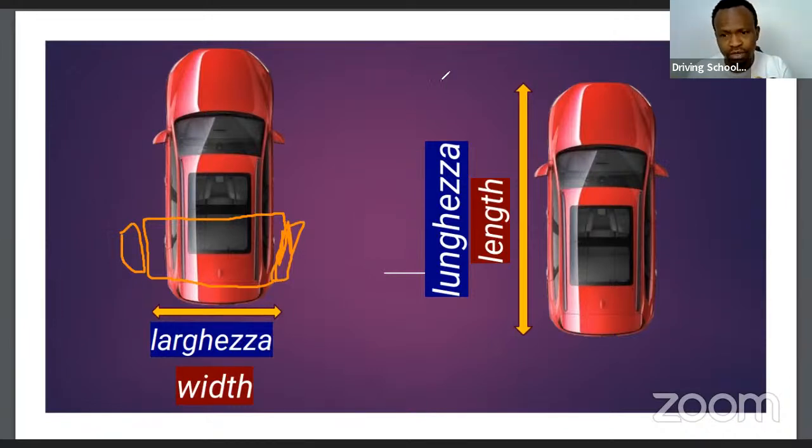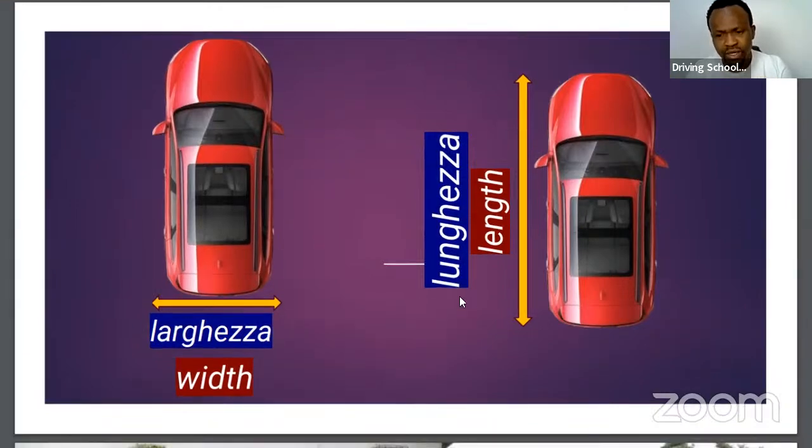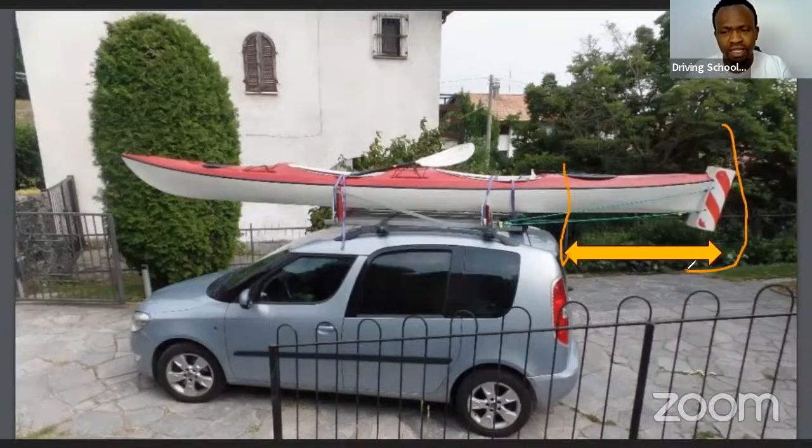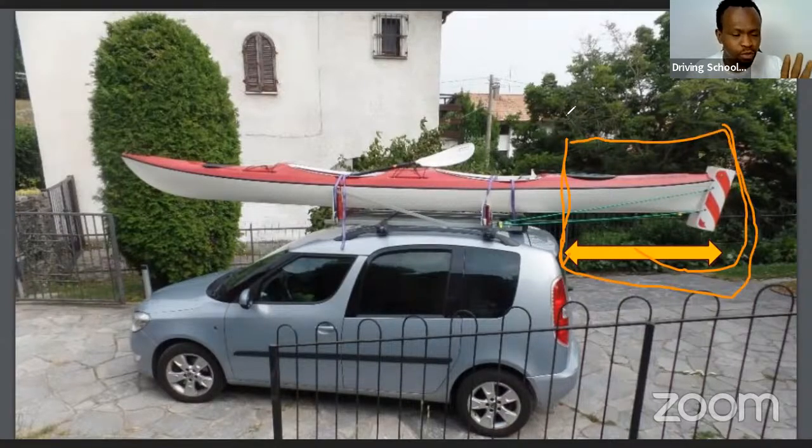It's not correct, because that panel we have there is placed at the lunghezza. The parte sporgente, like for example, is what we are having here. This is what they are referring to by that word parte sporgente.